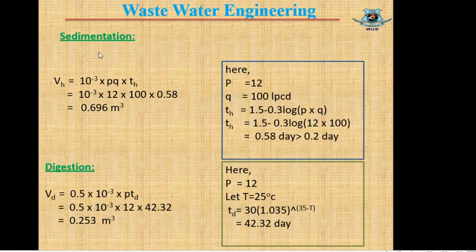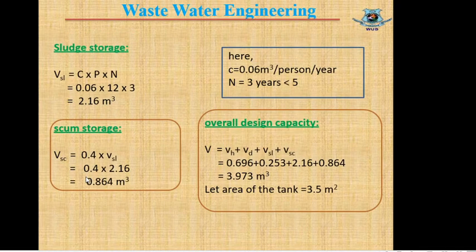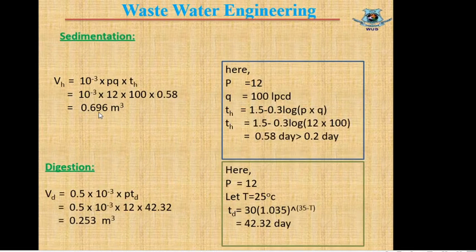We know that the septic tank volume is the sum of the sedimentation zone, digestion zone, storage zone, and scum storage zone. So if we can calculate the volume of these 4 items, we can calculate the volume of the septic tank. Step by step we will calculate the volume.